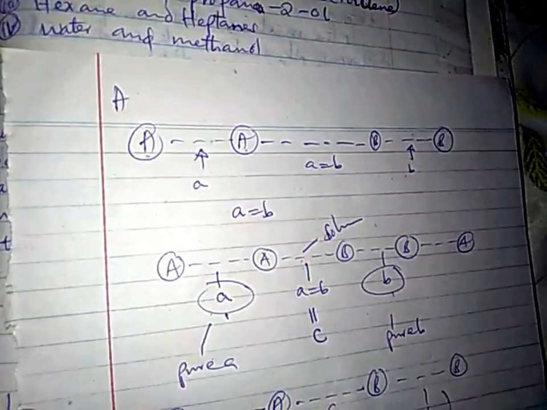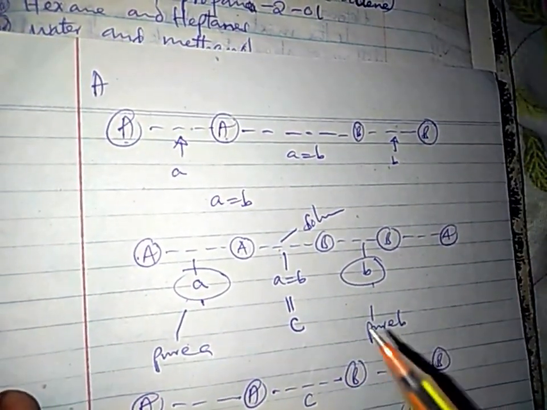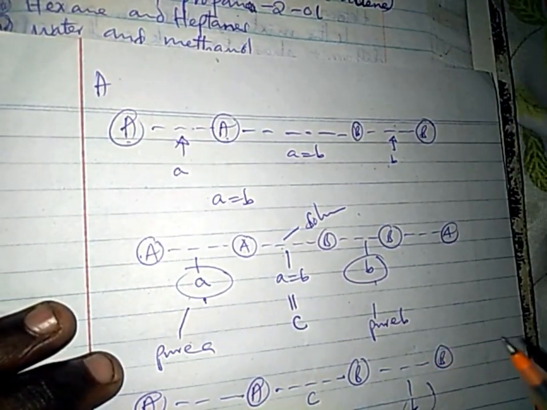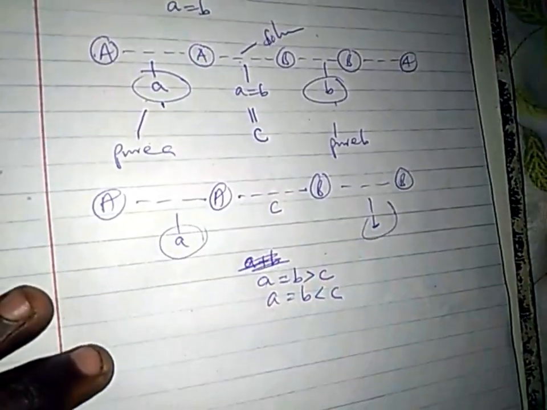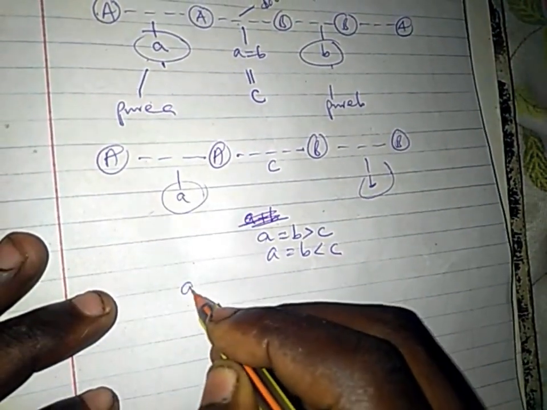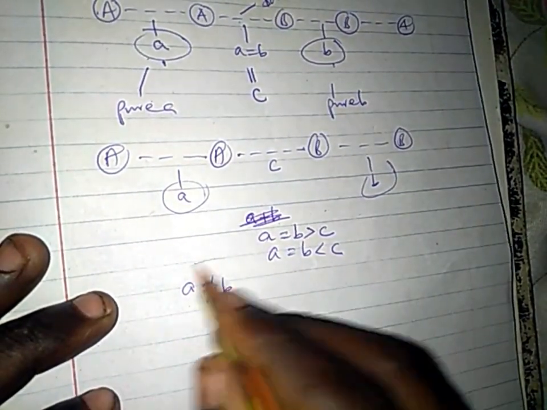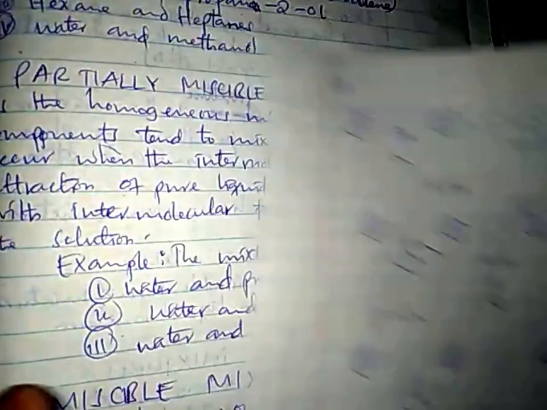For example, when we studied completely soluble mixtures, we had liquids such as benzene and toluene. Their molecular masses differ by a very small quantity. But here, intermolecular force A is not equal to intermolecular force B, and this cannot be equal to the new intermolecular force which will be formed in the solution.